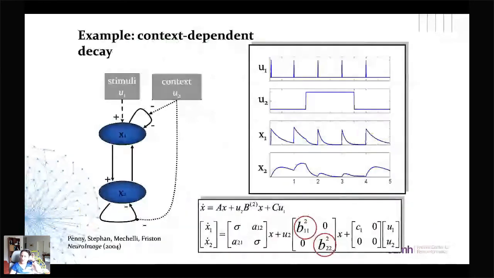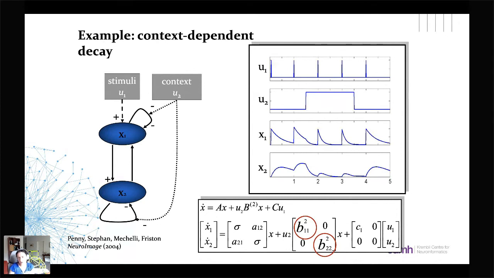So let's take another toy example that shows also how contextual input can also affect a self-inhibitory connection. So we also have in DCM temporal scaling of the neuronal responses to the exogenous input. And this is controlled by the intrinsic decay parameter here called sigma, that is shown at the self connection.